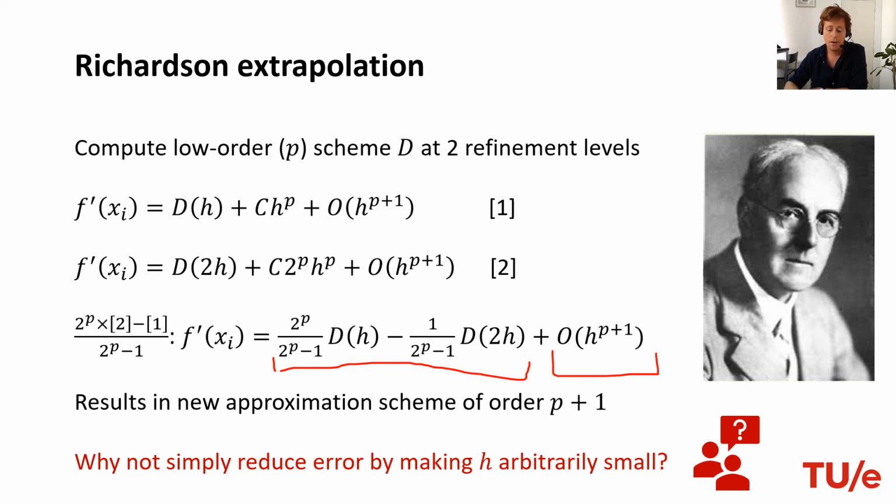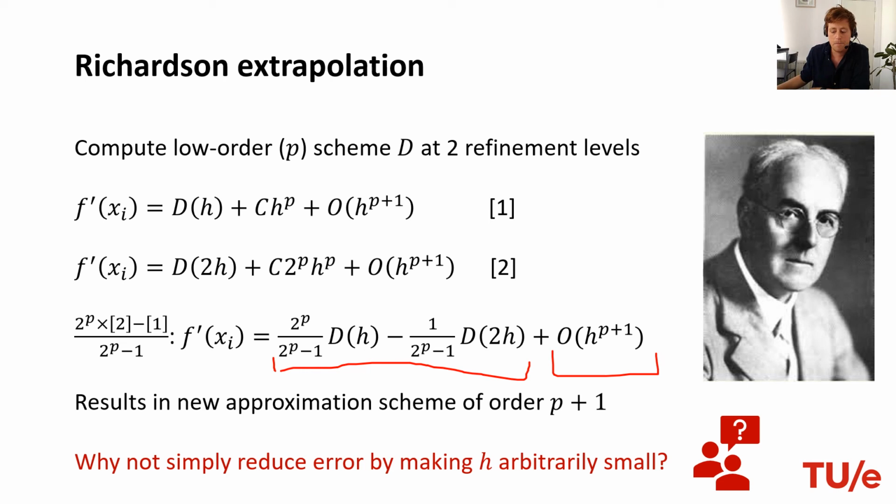And that's true, all the formulas and all the errors we've seen so far can be made arbitrarily small by making h arbitrarily small. So you could say I can just pick a smaller h. It won't cost me anything, but I can reduce the error to a level that I deem acceptable.